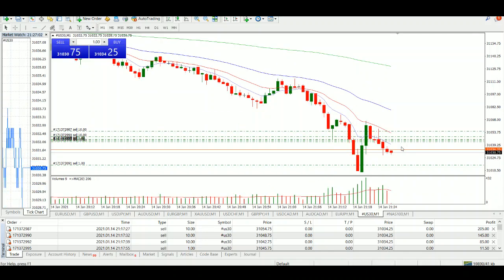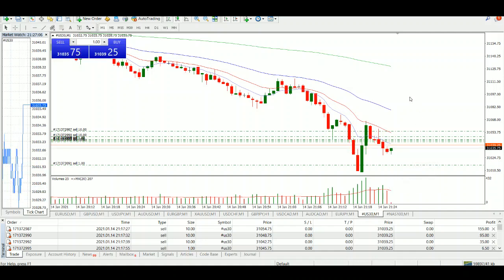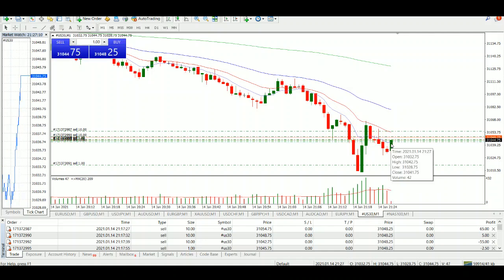And here we are. The price is moving downward much further, drifting downward, returning back toward the EMAs and continuing from there. As always, rejected, as you can see here.